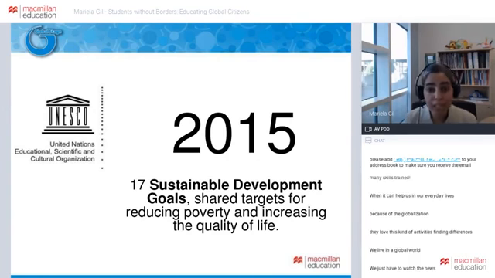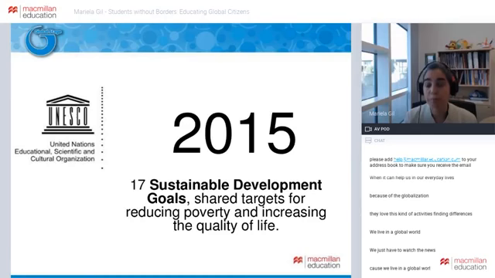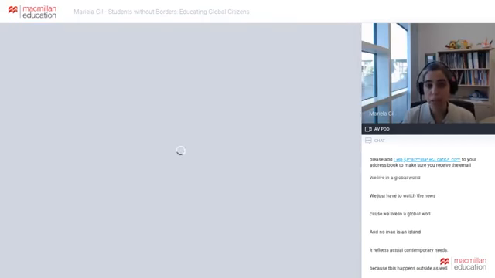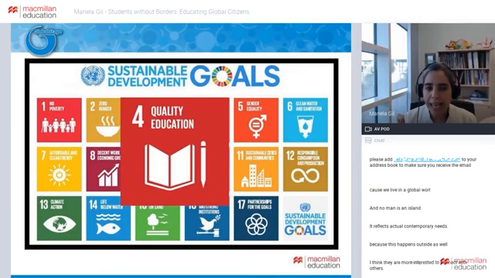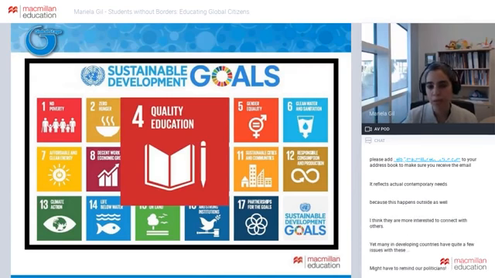This is something that 197 countries have signed up for, and people are trying, whether it's governments or different governmental organizations or education institutions or even companies and groups of companies. They're all looking to see how we can meet the Sustainable Development Goals. Goal number 4 is quality education. So education is seen as a key element to getting to these SDGs, these Sustainable Development Goals.